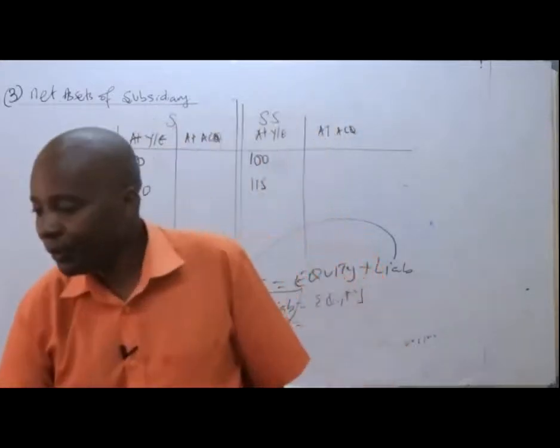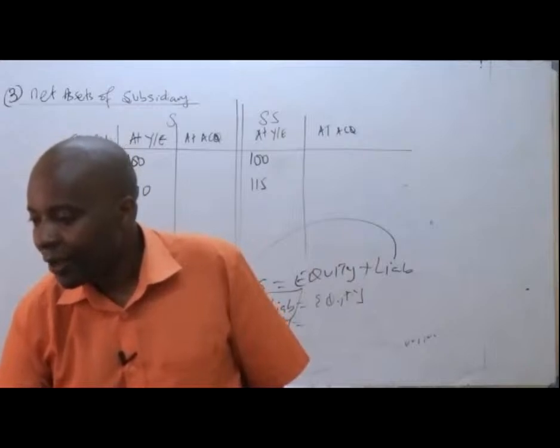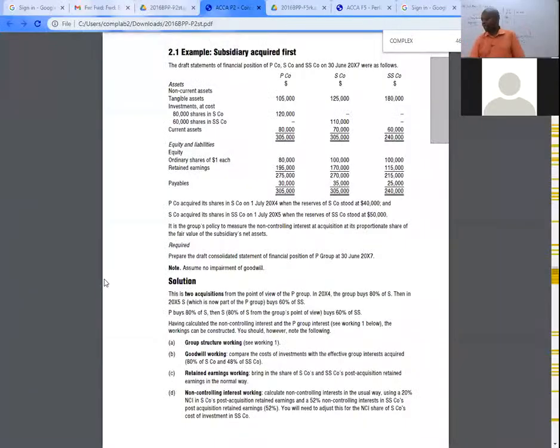Listen here. If you look at this very keenly, they are telling us that P company acquired its shares in S company on 1st July, when the reserves of S company stood at 40. Those reserves, I'll put them under retained earnings at acquisition.